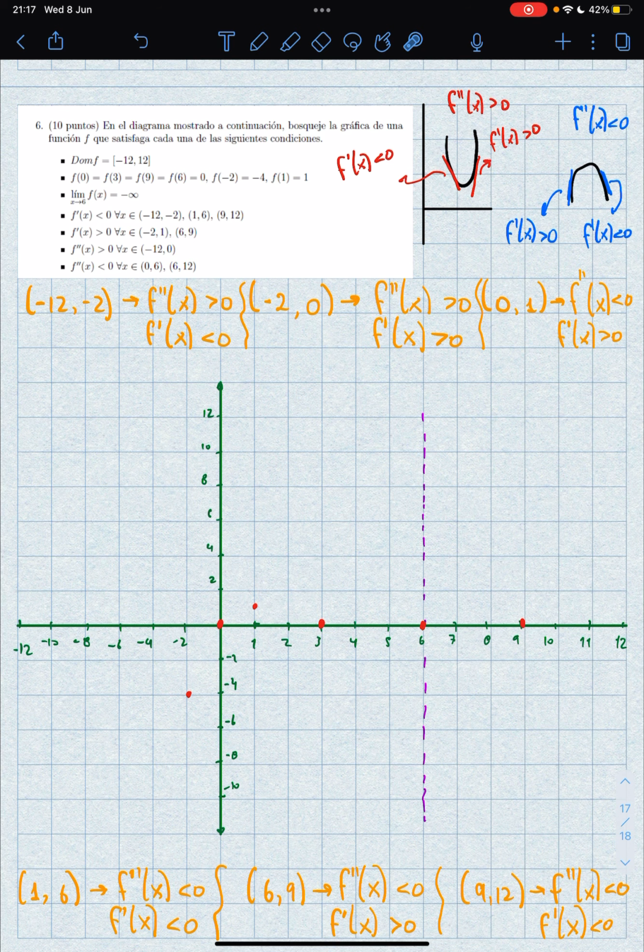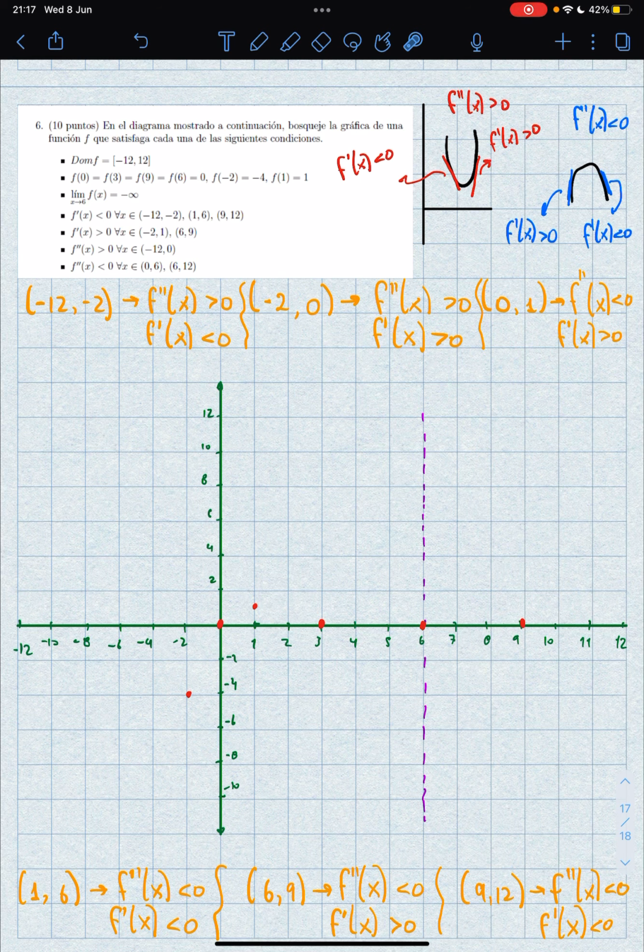As you can see, first of all, you need to focus on the second derivative, because the second derivative is going to give you the shape that you need to plot, okay? So, for minus 12 to minus 2, the second derivative is greater than 0, as you can see over here, and the first derivative is gonna be less than 0. Then you analyze the next interval.